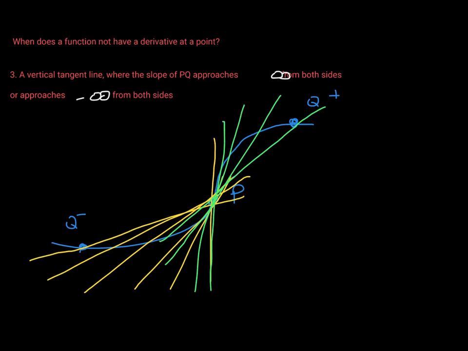I hope you can see that as this point Q approaches point P from the right of P, these secant lines are moving in this direction like that. But either way, you should see that as that happens, you get this vertical tangent line at P. And remember, the slope of a vertical tangent line is undefined.